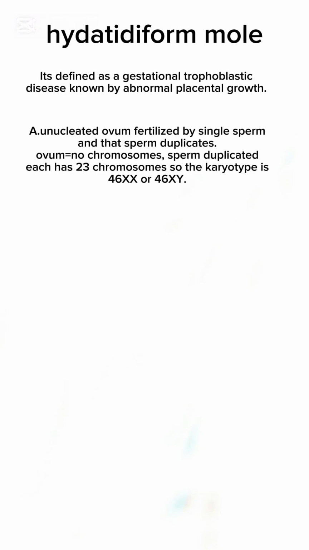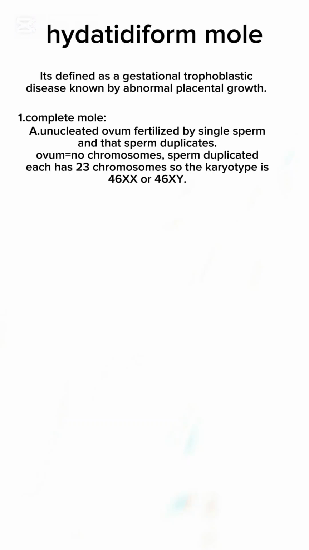The complete mole has two main forms. It is either an unnucleated ovum fertilized by a single sperm, and that single sperm duplicates its chromosomes. So we have an unnucleated ovum with zero chromosomes, and a fertilized sperm that duplicates.